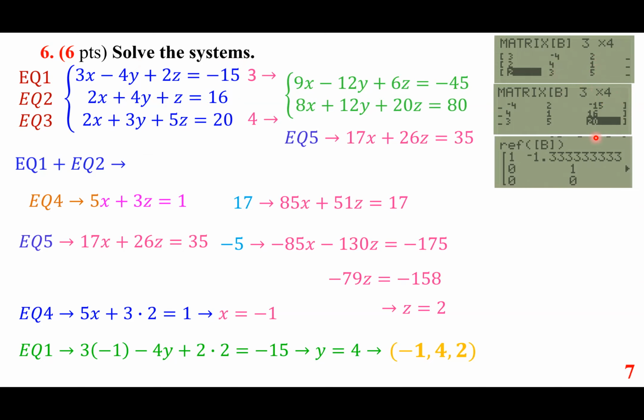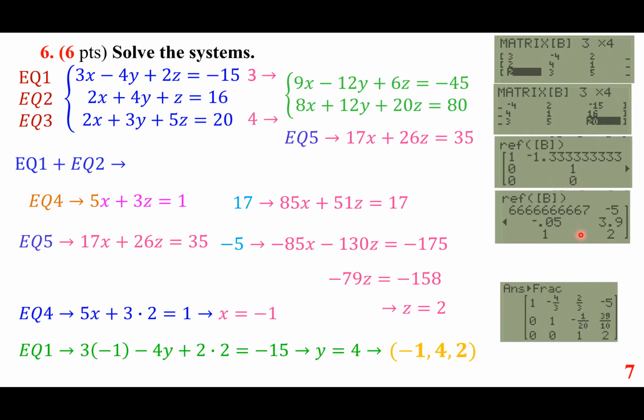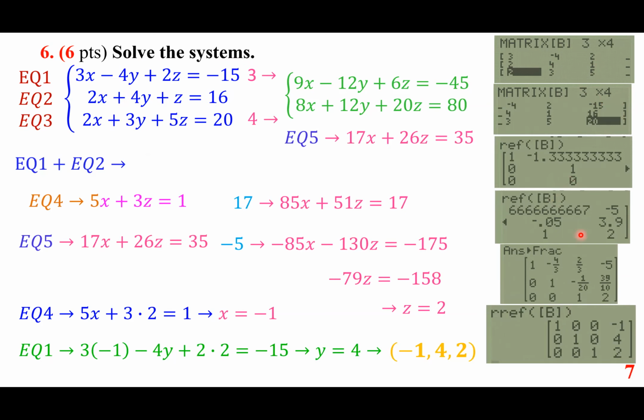And if you run REF, row echelon form, this is what it looks like, and you can change it to a fraction. However, if you use RREF or reduced row echelon form, now this, as you can see, is the same as this one, and is the solution.